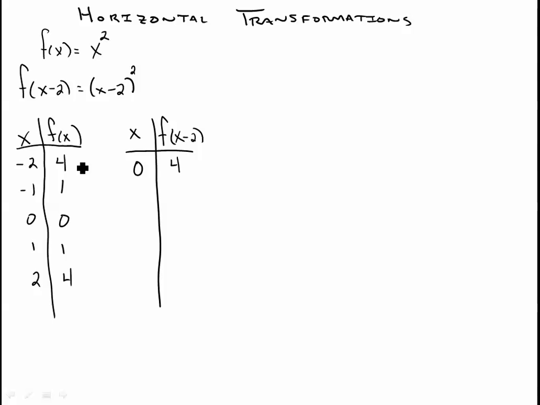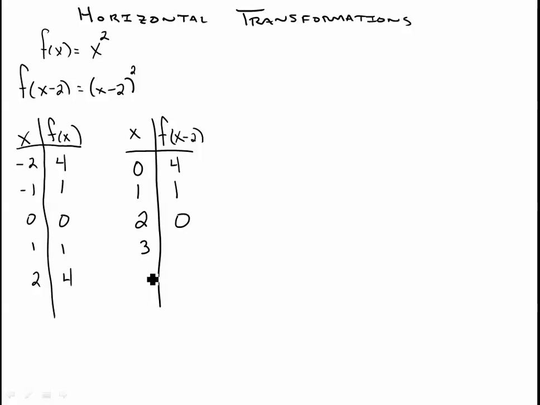We get the exact same output as the original function when we use negative 2. And if we use positive 1, 1 minus 2 is negative 1, negative 1 squared is positive 1. Again, the exact same output. We use positive 2, 2 minus 2 is 0, 0 squared is 0.